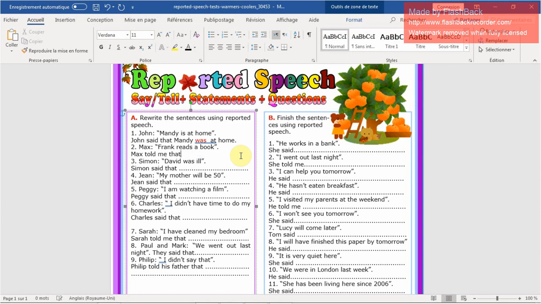Frank reads a book. The verb read in simple present turns into simple past, and the verb read is irregular. So the simple past form of the verb to read is read. It doesn't change in spelling, only in pronunciation.